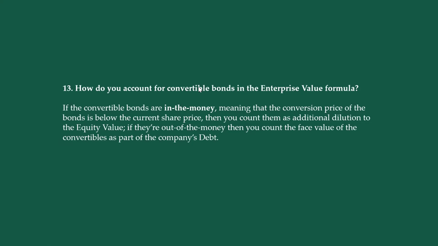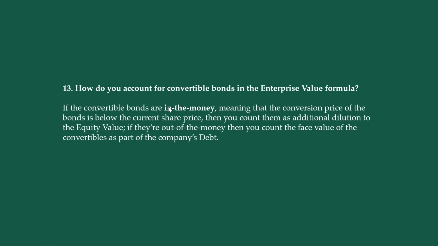Now, when we talk about how convertible bonds will affect enterprise value: if the stock is in the money, this will increase the number of shares outstanding, which dilutes existing shareholders.